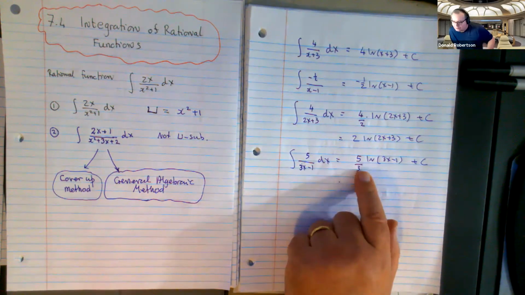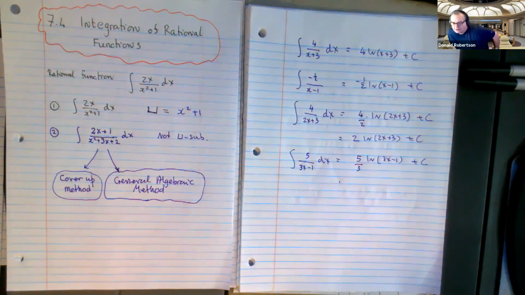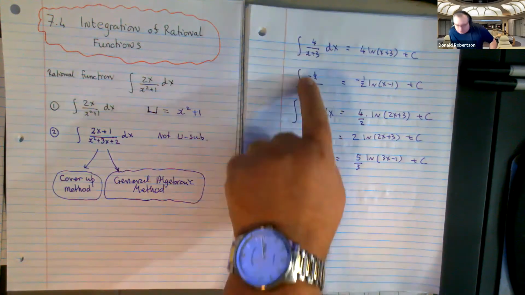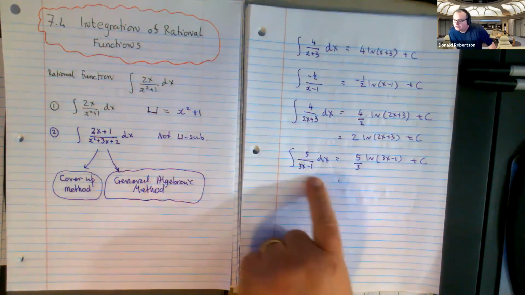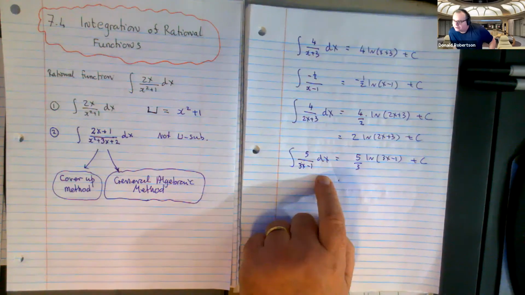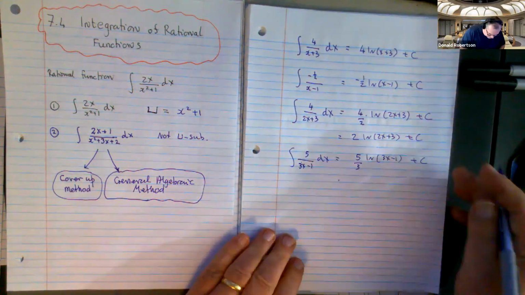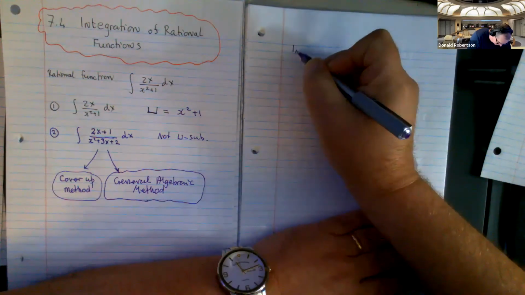If you need to be convinced, that would be it. Are we comfortable now about finding the integrals of numbers over some linear combination of x's? We're comfortable with these? Right, so let's move on and look at some style point issues.